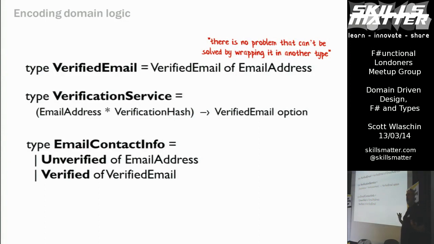I don't need permission. I can just say, yeah, this is an unverified email address, no problem. But I can't make it a verified email address, because the only one who can create that is a verification service. So by doing this, I've made it type safe, I've made it secure, and I've encoded the business rules into the actual object itself.